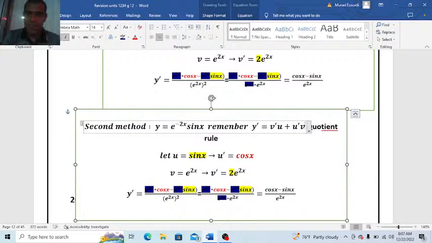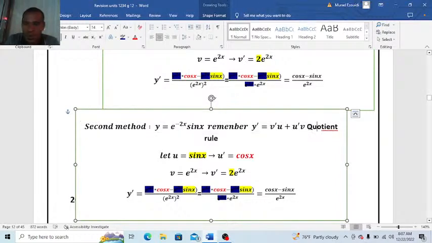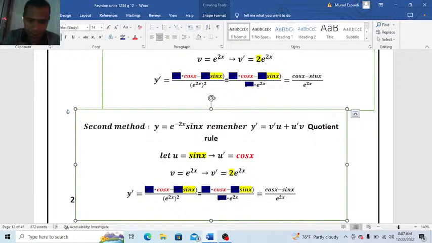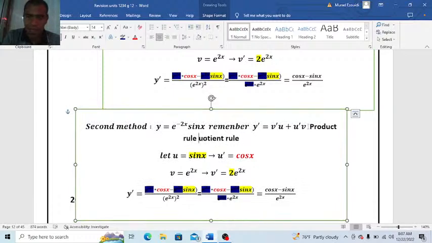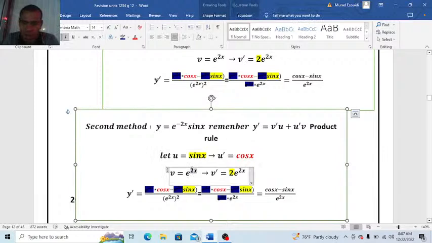Learners, it's called the product rule. If I suppose that u is sine of x, then u dash is cosine of x. Now I suppose that v is exponential minus 2x. Therefore v dash is minus 2.